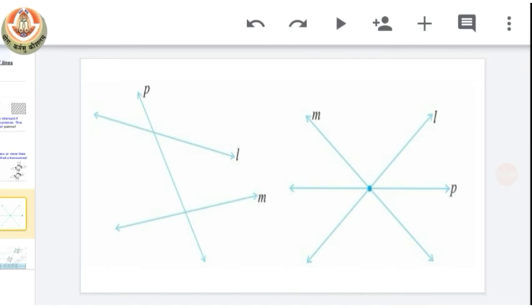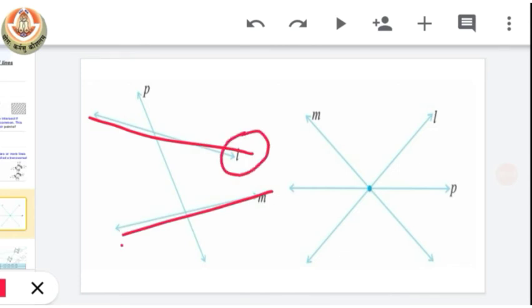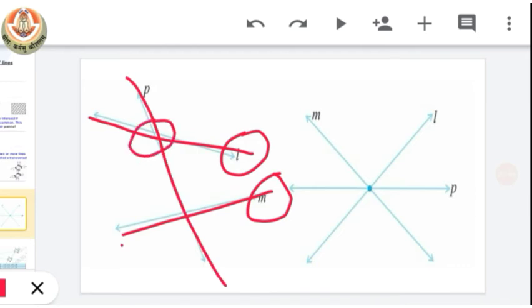Now, let's see more examples. You can see here lines L and M. We have two lines, and this line P intersects L and M at distinct points, at different points.